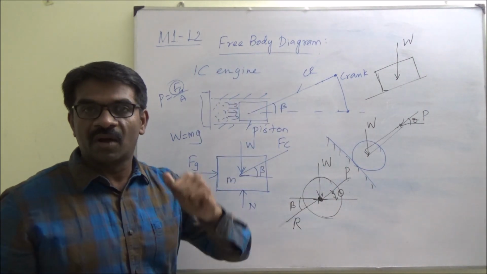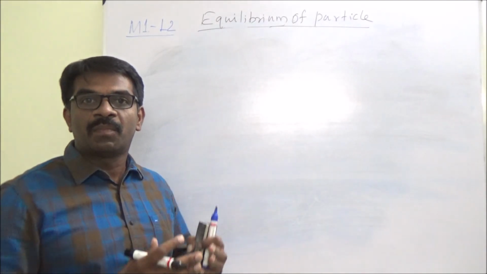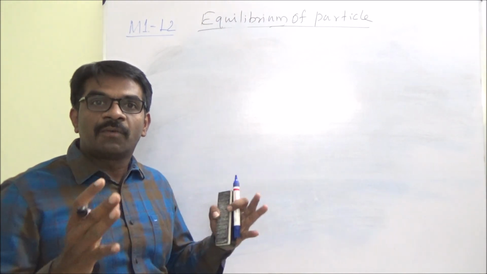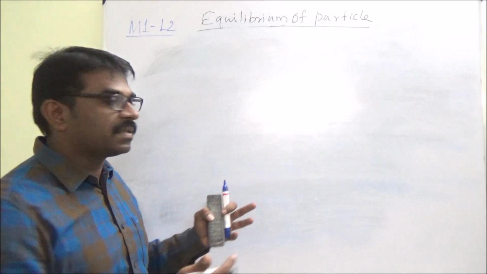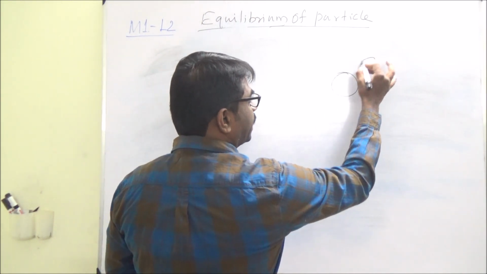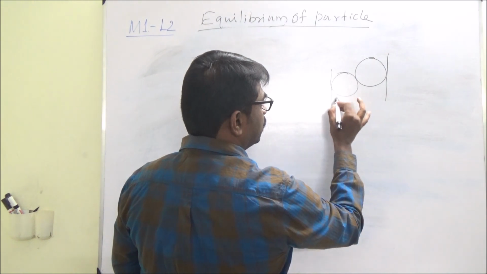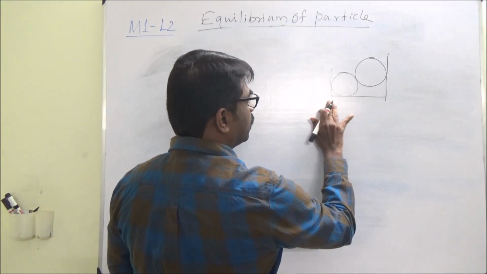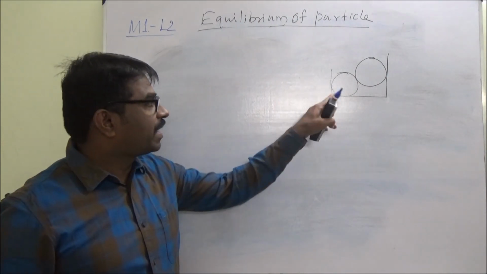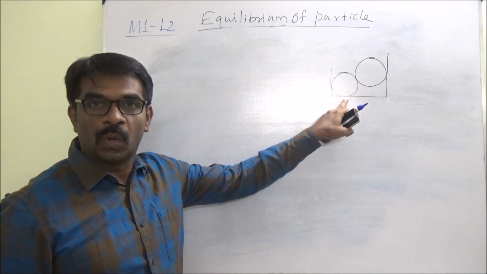I hope you have understood the free body diagram. When we are drawing the free body diagram to represent all the forces, we have to keep these things in mind. One is two bodies in contact. Say, for example, two bodies are like this in contact. This body is contacting the surface and the floor.